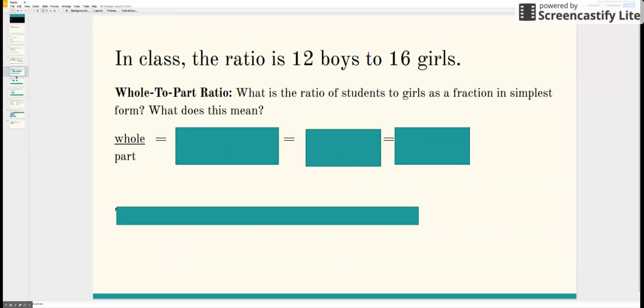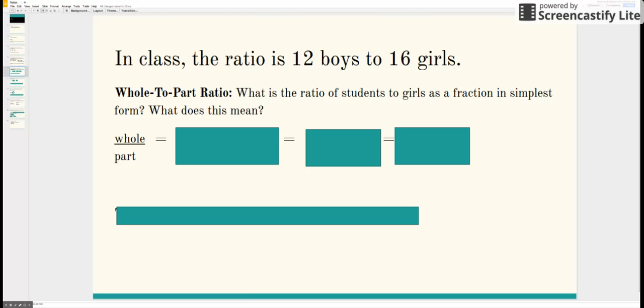Okay, and here is another example using the same scenario. In class, the ratio is 12 boys to 16 girls again. This is a whole to part ratio. So what is the ratio of students to girls as a fraction in simplest form, and what does this mean? So we have a whole to part. So again, whole, what is our whole?